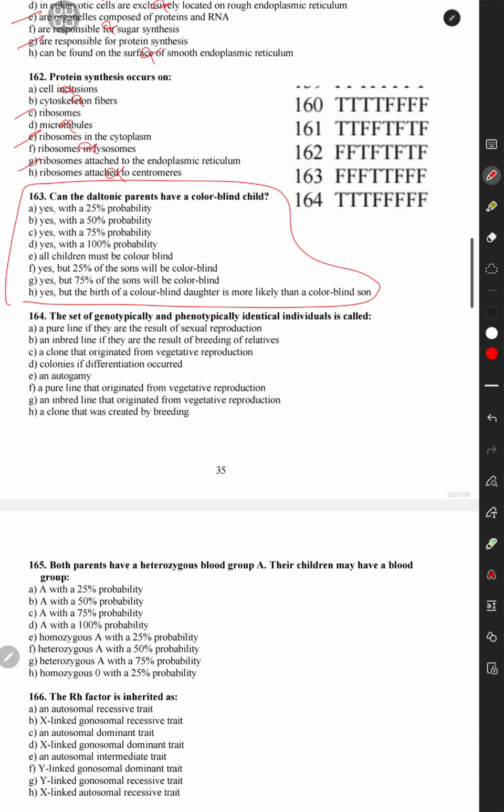Set of genotypically and phenotypically identical individuals is called twins. No. True. Pure line if there is an inbred line if they are the result of breeding of relatives.